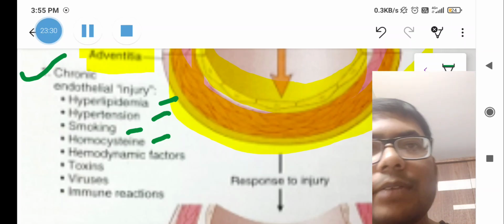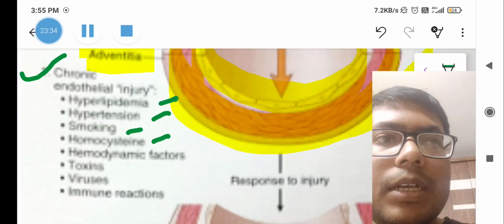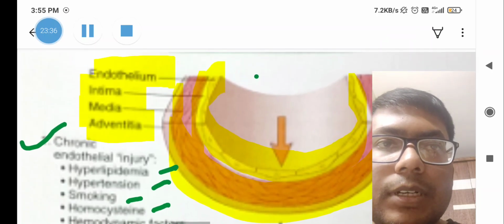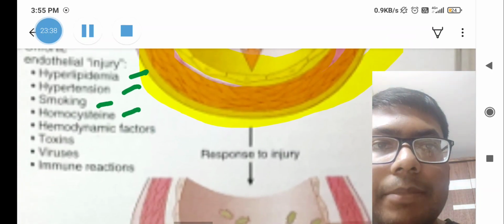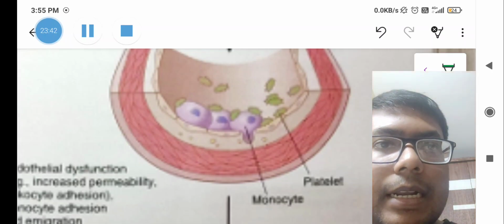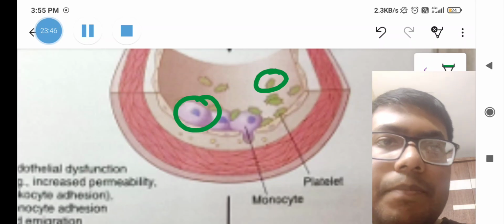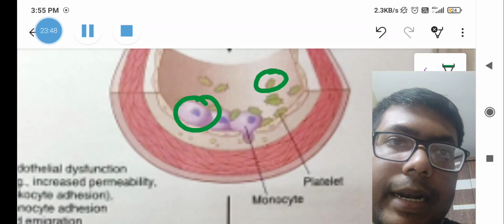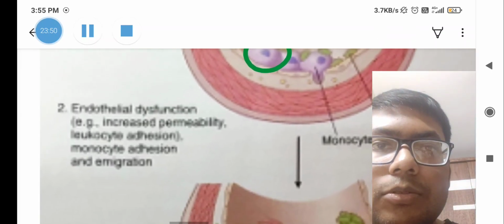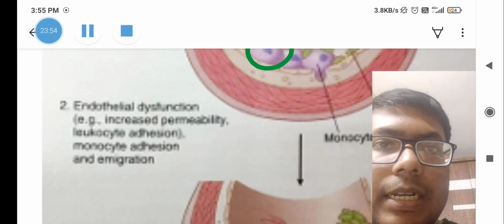If any of these factors is present, it causes chronic damage to the endothelium. In response to the injury, platelets and monocytes come and attach to the endothelium, and that causes endothelial dysfunction.